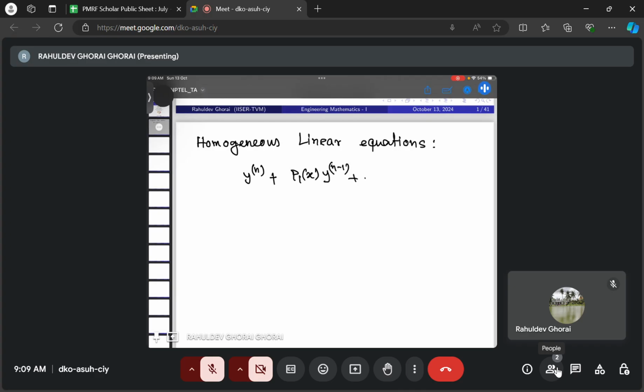Yesterday also I did this; I'm just recalling some of these things and then we will start. The right hand side will be 0. It's a homogeneous linear equation of nth order. The degree is 1, so it's linear.